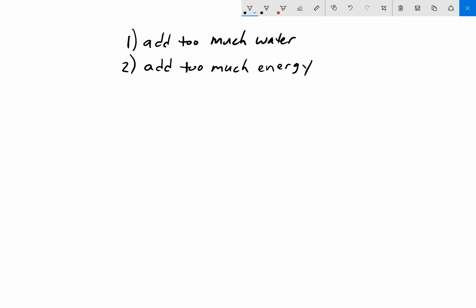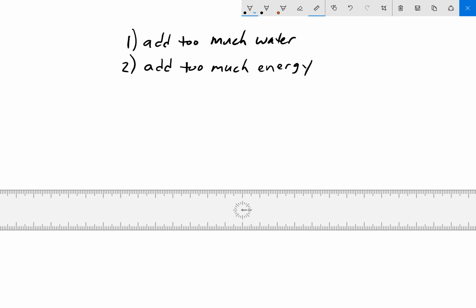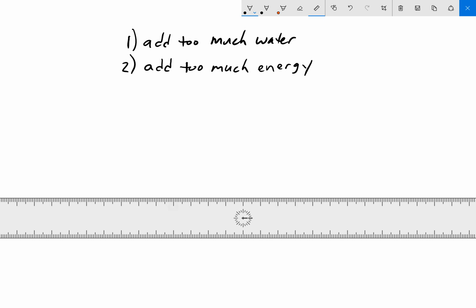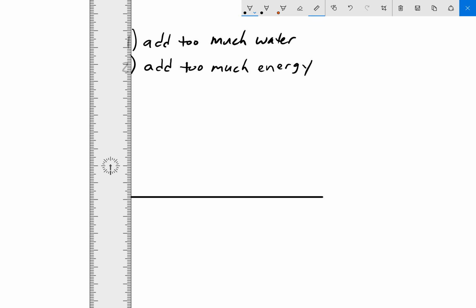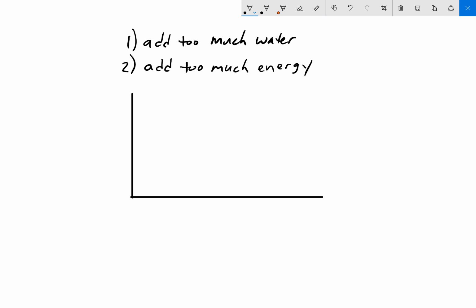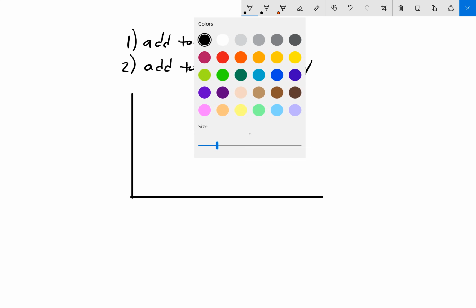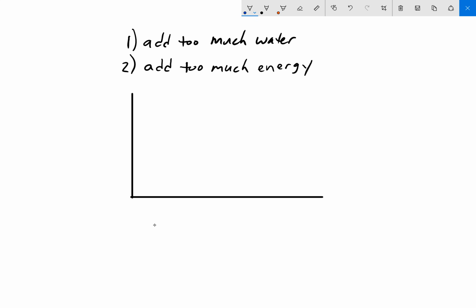So let me get my ruler out so I can draw some good axes to work with here. Okay, so now say I have a compaction curve. Looks something like this.